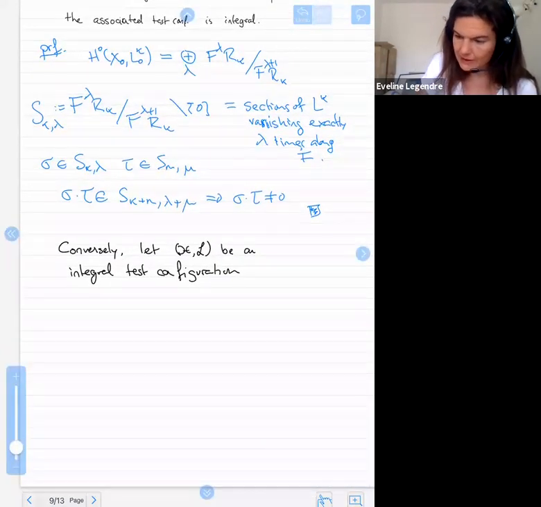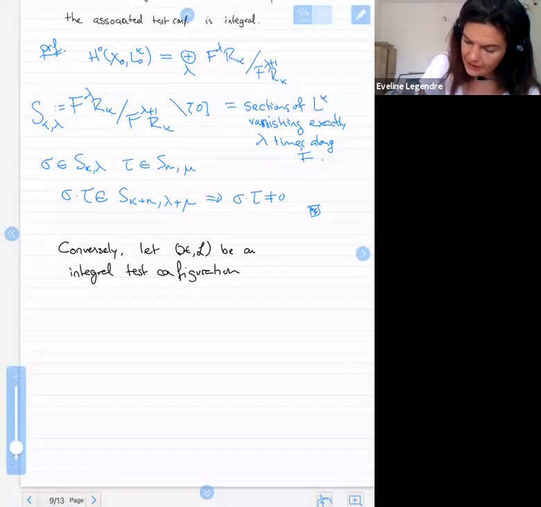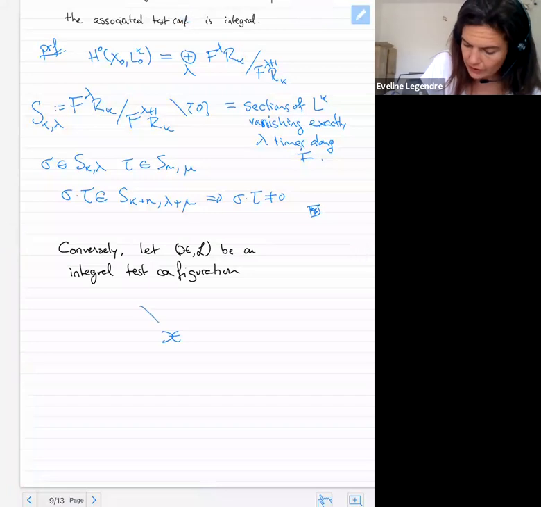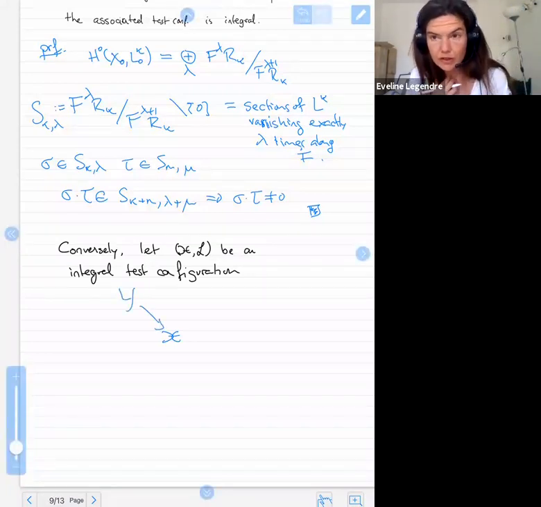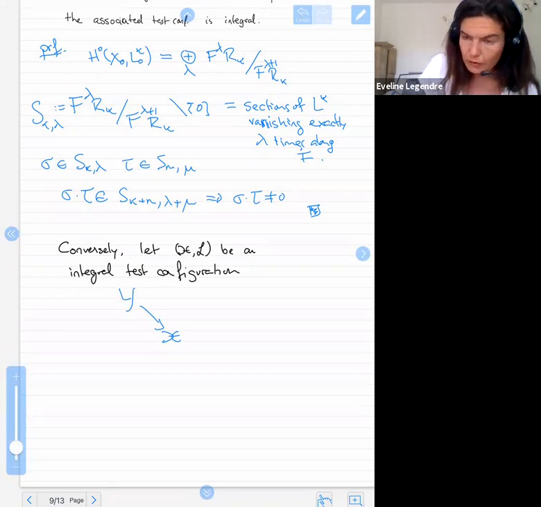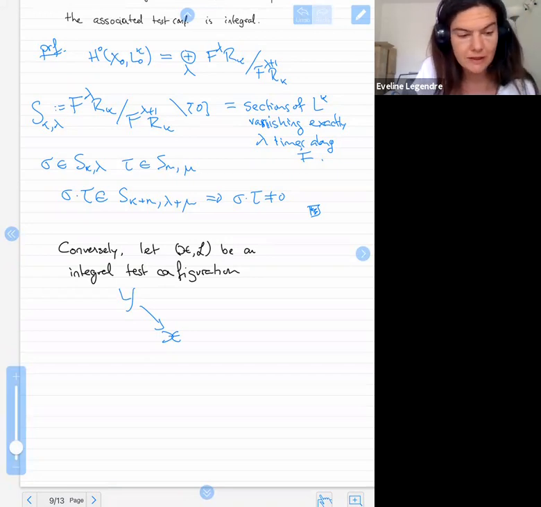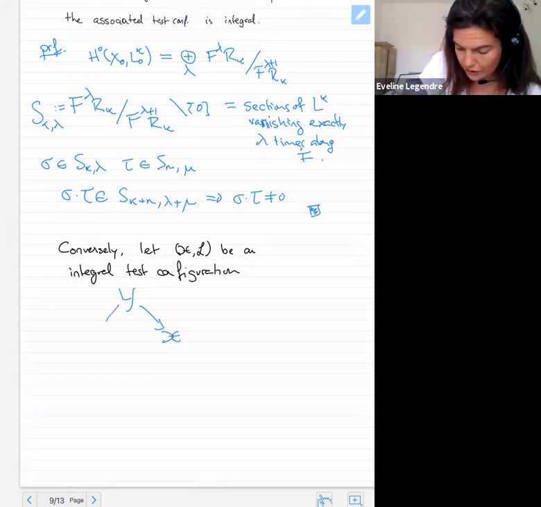Assuming that X is an integral test configuration, we will need to take some resolution of X, because we want to use Boucksom–Hisamoto–Jonsson theory, which works for test configurations that dominate the product.